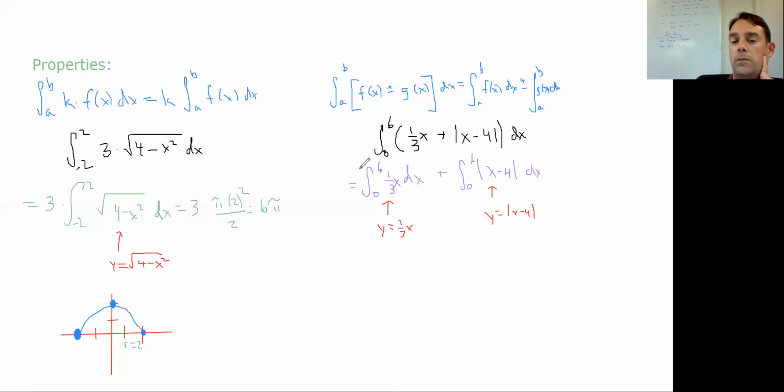So let's graph these real quick. 1, 2, 3, 4, 5, 6. 1, 2. 1, 2, 3, 4, 5, 6. 1, 2, 3, and 4.